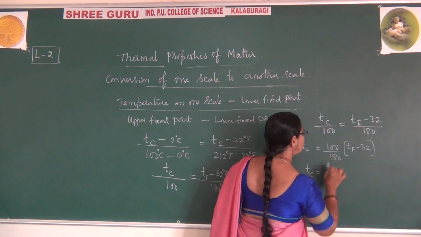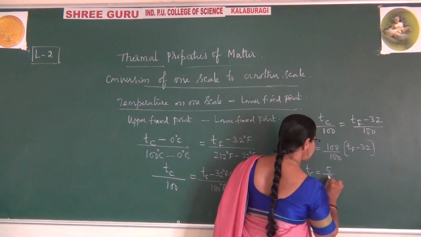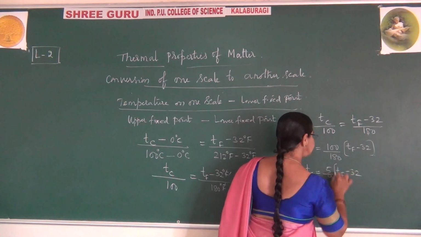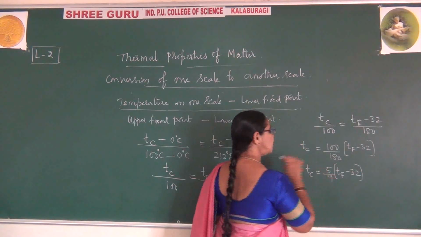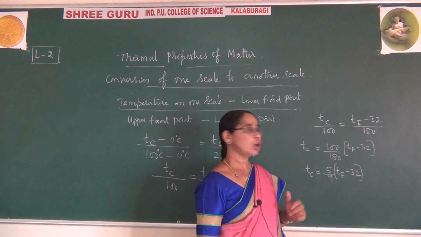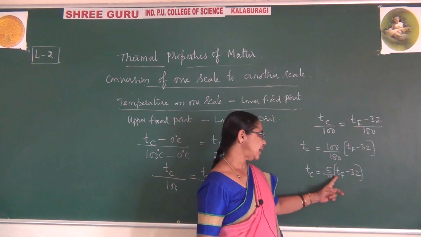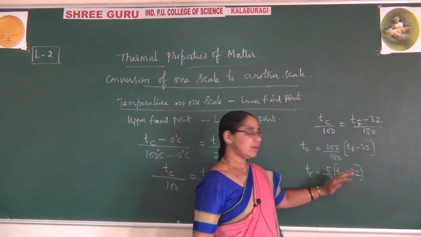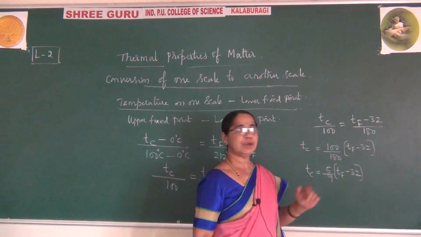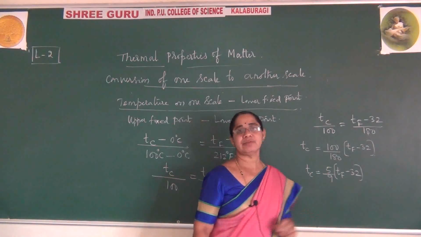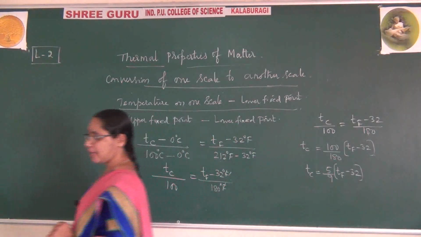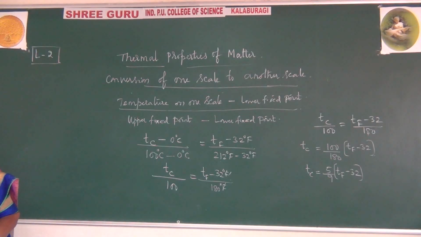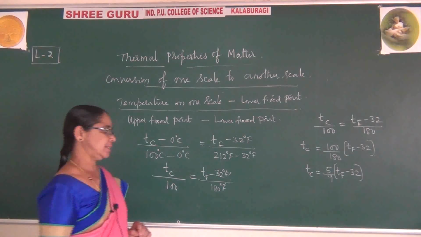Tc is equal to 5 by 9 times (Tf minus 32). You have to put the bracket like this, otherwise you will go wrong. First it is 5 by 9 times Tf minus 32, and multiplying, you get this value. This is the one formula you come across for the conversion from Fahrenheit to Celsius scale.